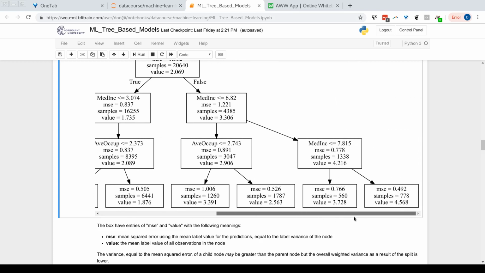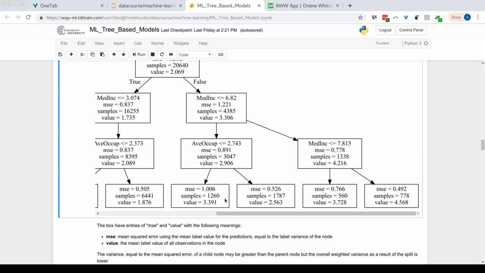Now, a couple of things I want to point out that might be a little bit weird. If we look at this node here, remember what I said, that it's going to perform a split to create the greatest reduction in variability from the parent node. So in other words, you can calculate the variance in this node, the variance in this node, sum their weighted contributions, and there'll be an overall drop, an overall reduction.